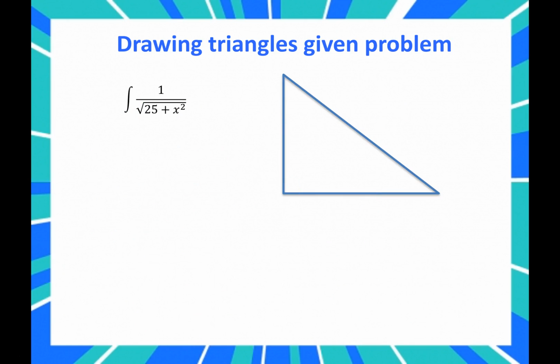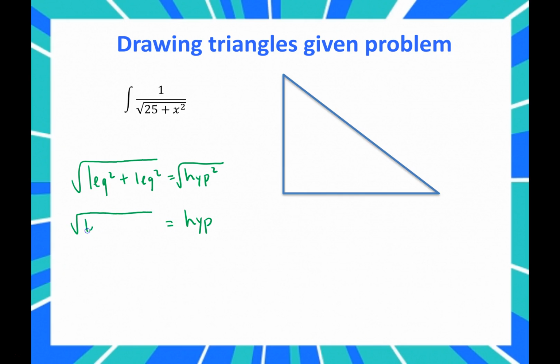This time, notice that there's a plus, and I'm going to start a little differently. I'm going to say that leg squared plus leg squared equals hypotenuse squared, and I want a plus in my expression, so I'm going to square root both sides. So I get the hypotenuse is equal to the square root of the leg squared plus the leg squared.